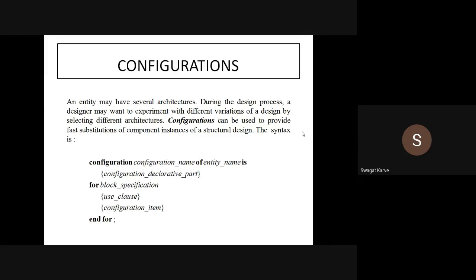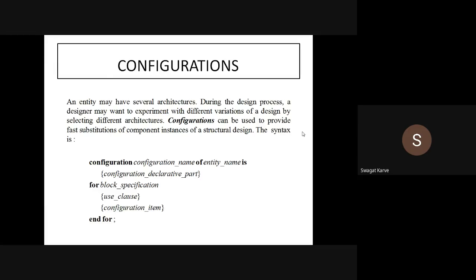Okay. Now this is the typical syntax that can be used for configuration: configuration name, entity name, then configuration declarative part, then for block specification, right? Means whatever the configuration, how many times you want to use that architecture, or how many times you have to use that small design that you can design for with this block loop, for loop, and end for.